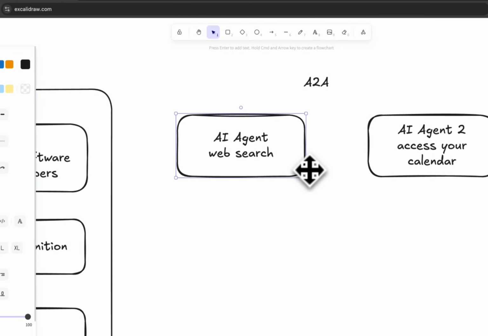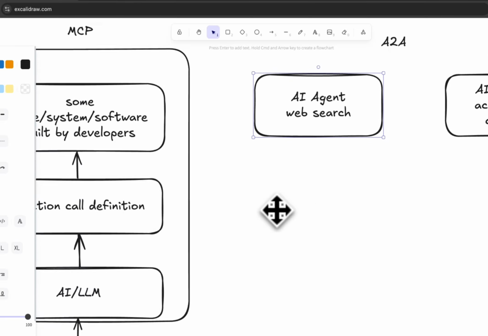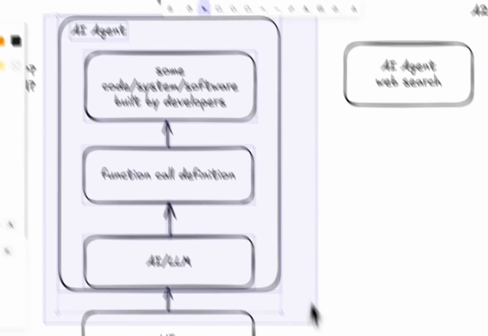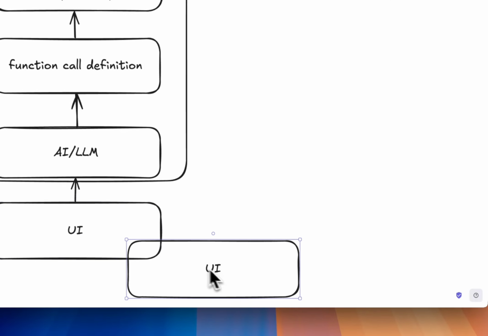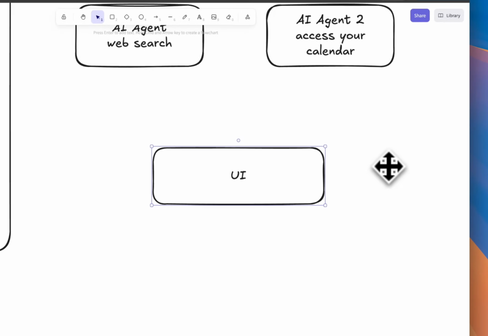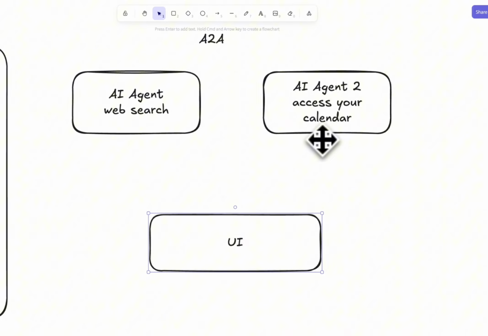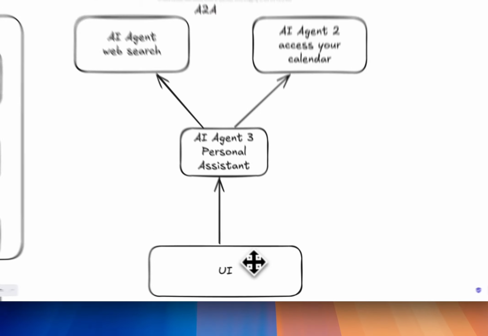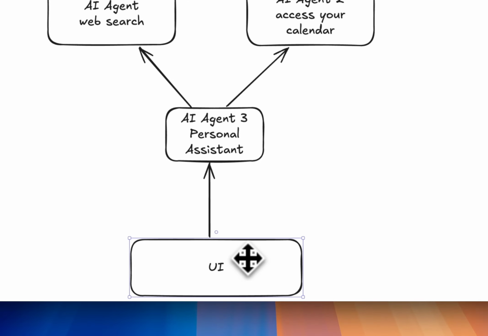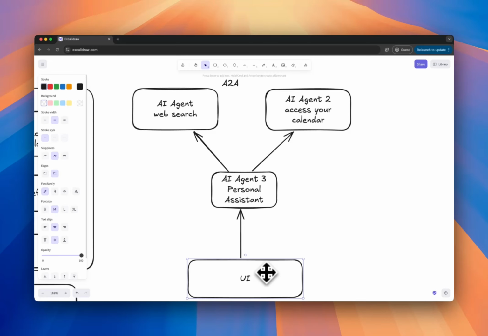Now here, since we already defined what an AI agent is, we can replicate this part. We're just going to have a UI, your chat interface. In an A2A workflow, you would still have your chat layer. It can be any type of user interface, but the most common is chat, so I'm going to use that as an example.